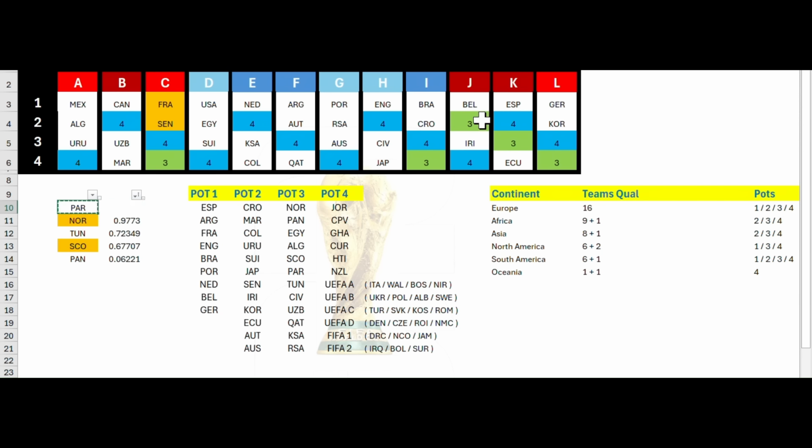Paraguay into Group J, so they would play Belgium in their opening match. Here we go. We can finally fill our constraint with Group C. Norway will take position 3 in Group C, and we'll leave that group highlighted.